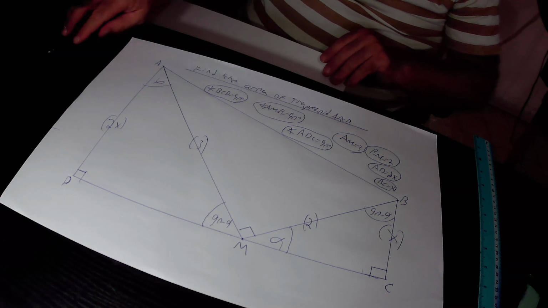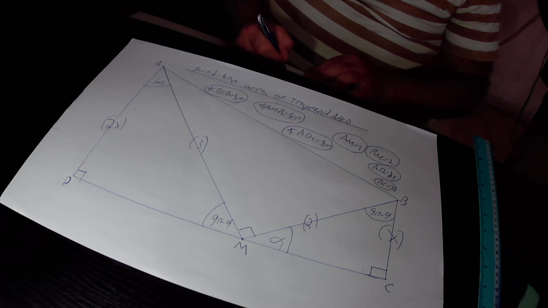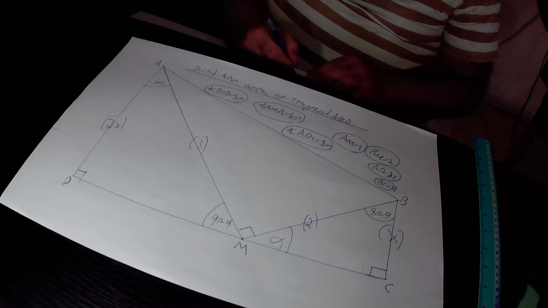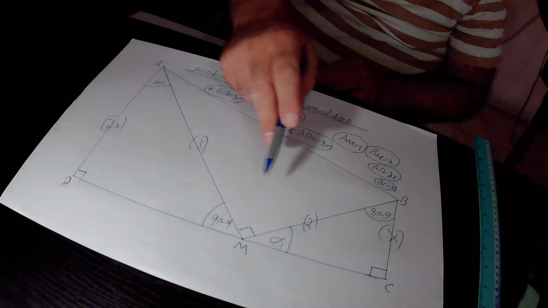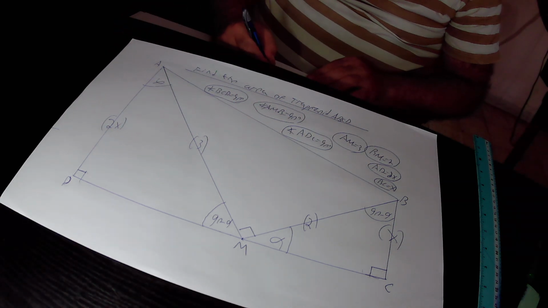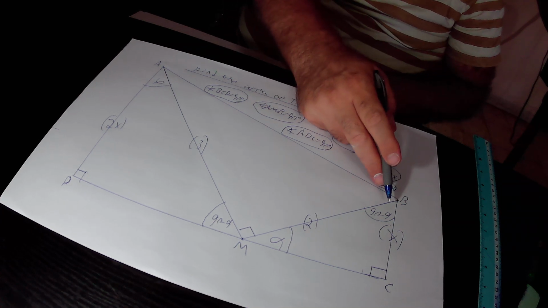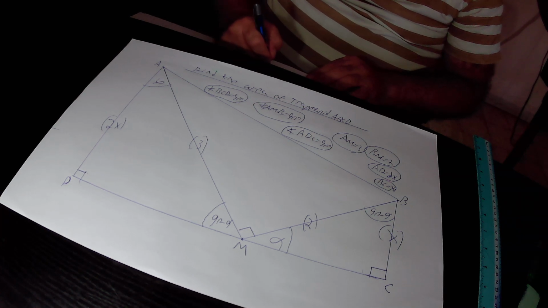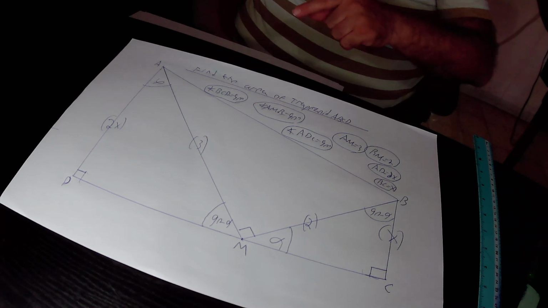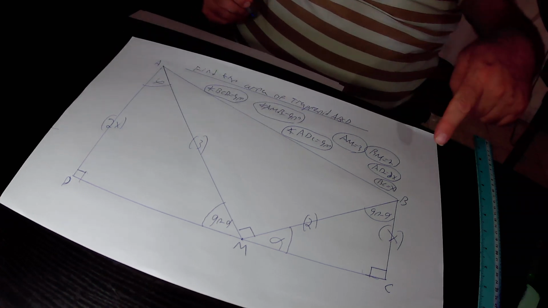AD is 2x over MC. MC is the missing side, so we limit the CTs, and it equals DM. DM is also the missing side, so we limit the CTs, over BC. BC equals x units in length according to what is given in the question. And it also equals AM, which is 3, over BM.